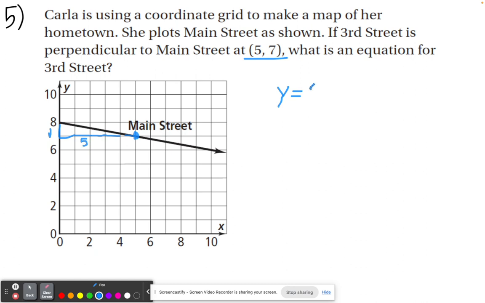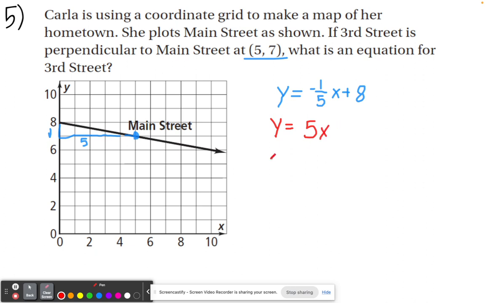My original line is negative 1/5 x, and like I said, my y-intercept is 8. Well, if my original line, my main street, is y equals negative 1/5 x plus 8, my slope of my new line, I have to flip this upside down and make it a positive 5. Opposite of negative is positive, and 1/5 flipped upside down is 5 over 1, which is 5.